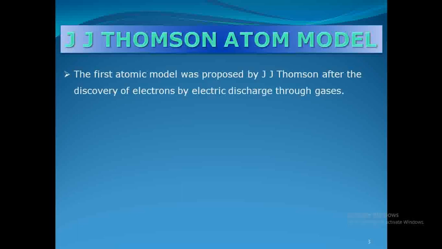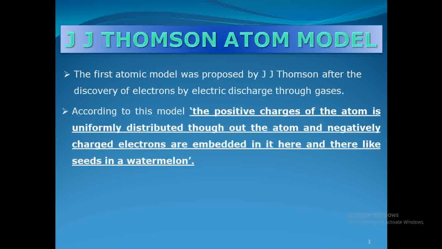According to the J J Thomson atomic model, the atom consists of a cloud of positive charges distributed throughout the atom. That is, the positive charge of the atom is uniformly distributed, and the negative charges, that is electrons, are embedded here and there like the seeds in a watermelon.